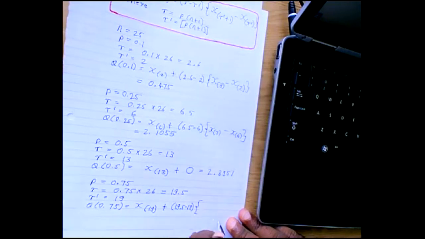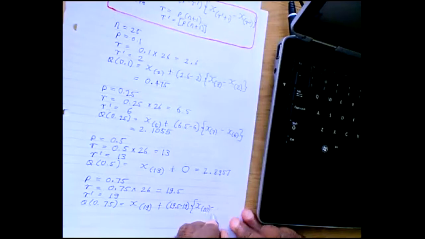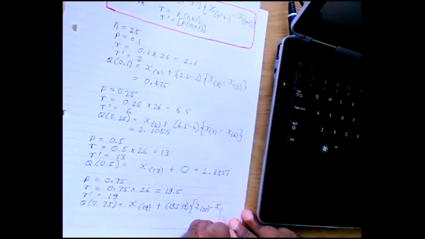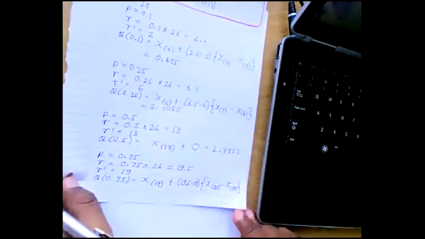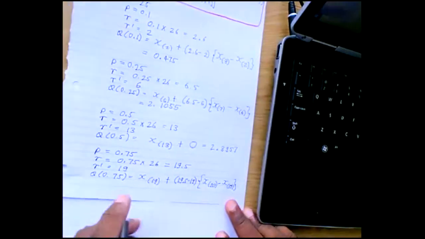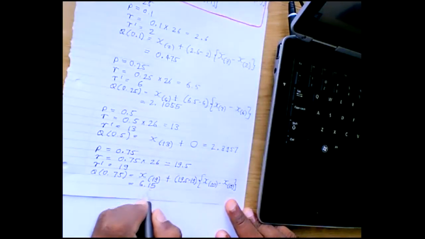And then in brackets, x20 minus x19. Now, if you work this out, guys, you will get this to be equal to 6.15.